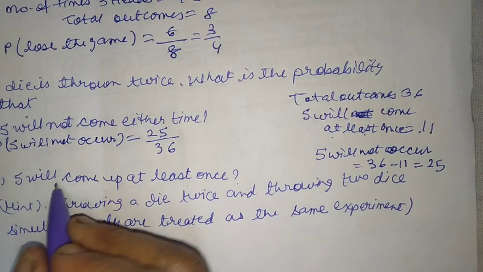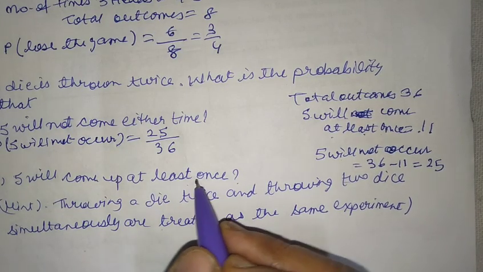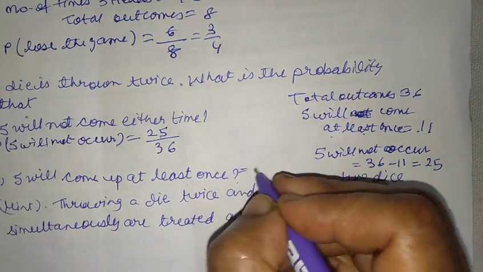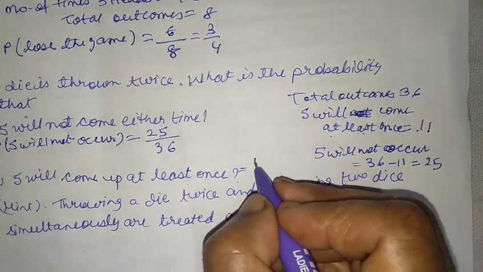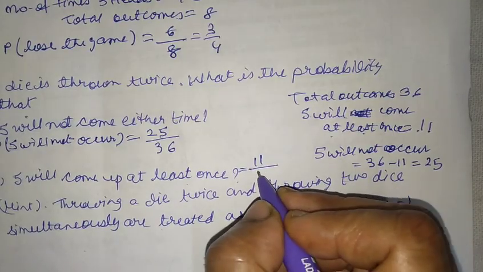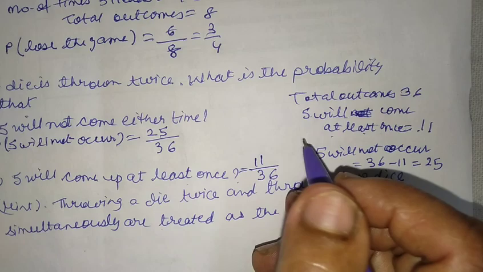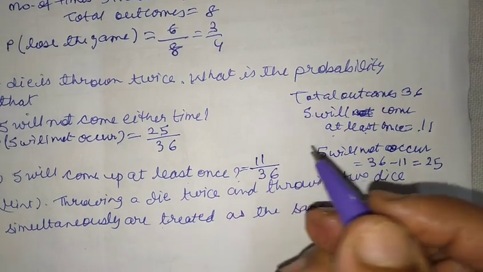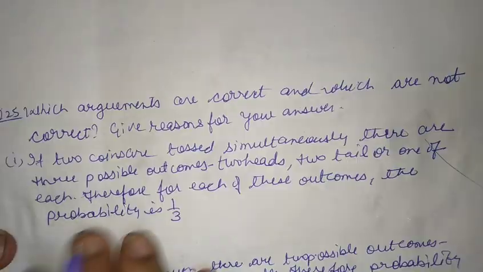And the probability that 5 will come up at least once will be 11 over total outcomes 36, so that will be 11 by 36 here. So this was our question 24 here. Now let's go to our question 25 here.